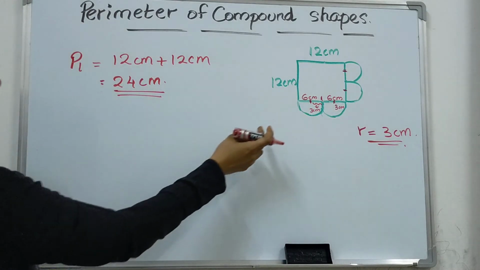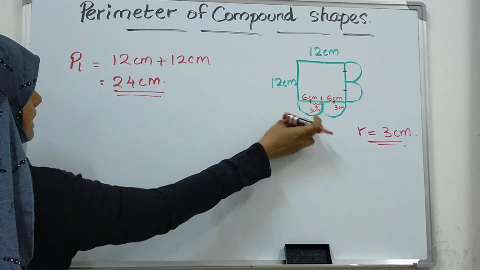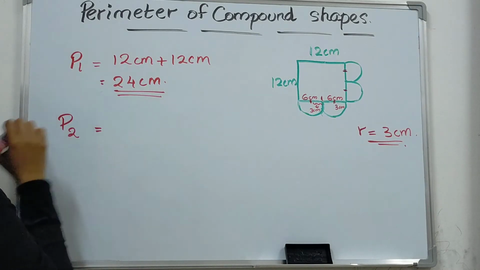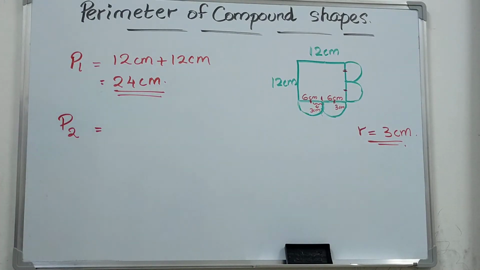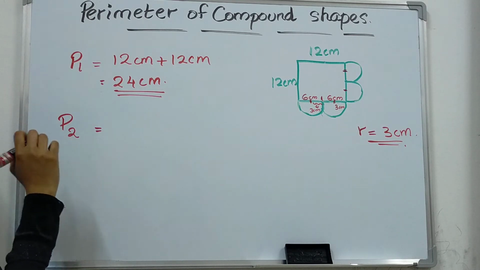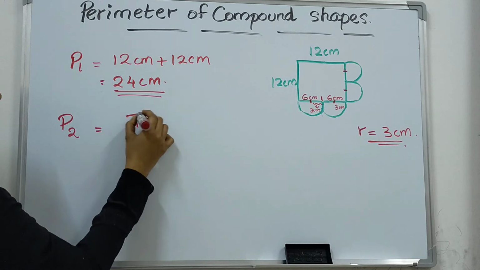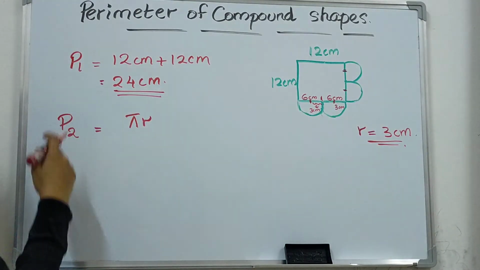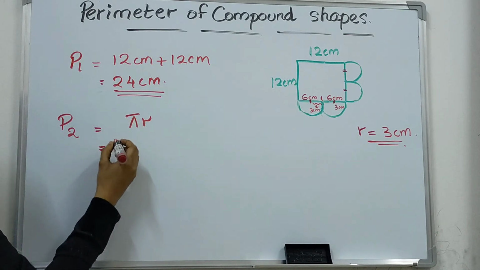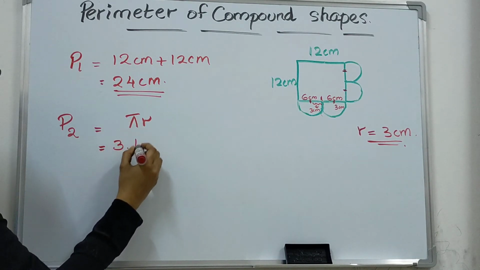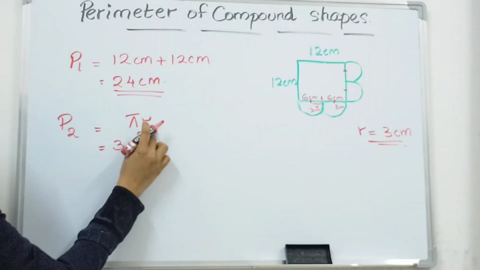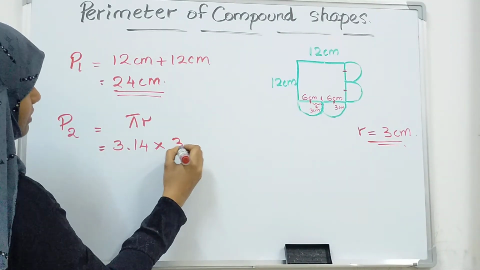You have to find the perimeter or the circumference of this semicircle, and we have just learned before the formula for the circumference of a semicircle, which is pi r. We know the value of pi is 3.14 times r. Here r is 3 centimeter.